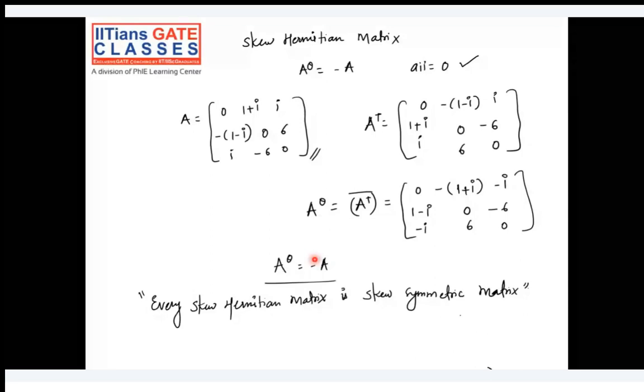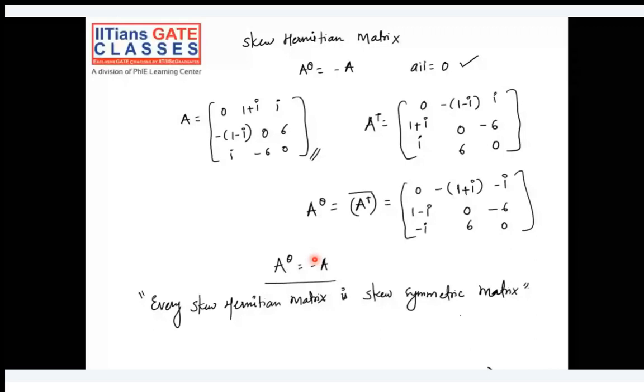If I replace any diagonal term with any other number, for example any real number or any complex number along the principal diagonal, you will clearly see that there is no chance to create a skew Hermitian matrix. So in order to achieve a skew Hermitian matrix, the principal diagonal elements have to be 0.